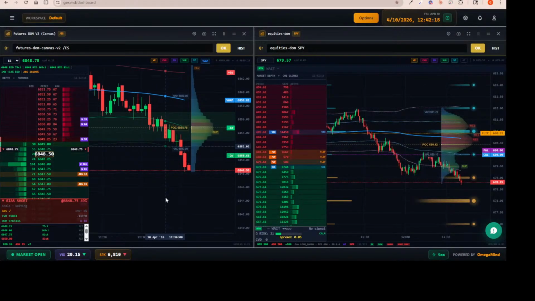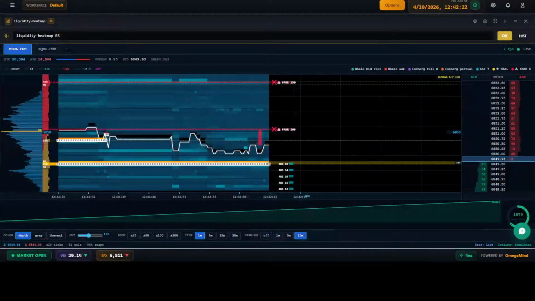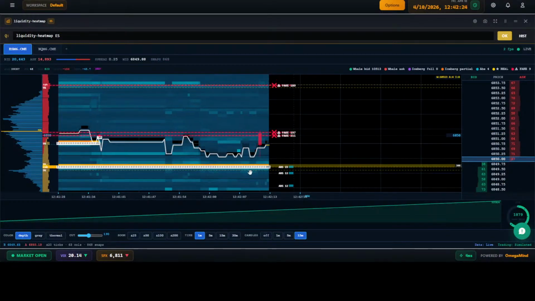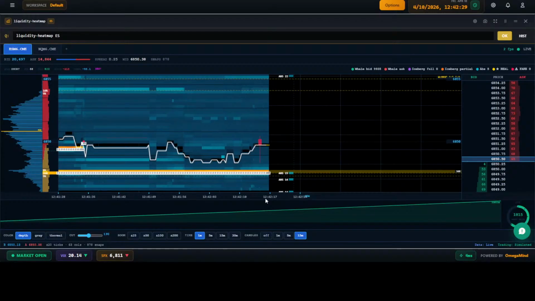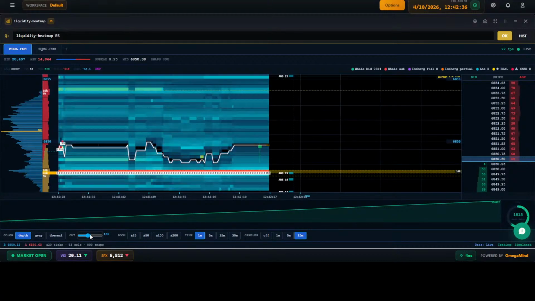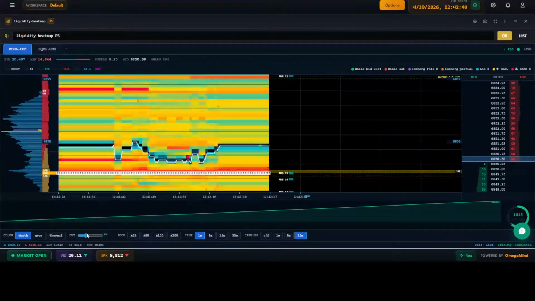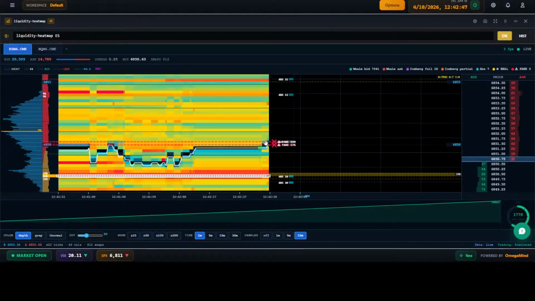That's a volume profile. Now you see the rejection here. Let's go back to another one. Take a look at where the positive one is. Negative, positive. Take a look.